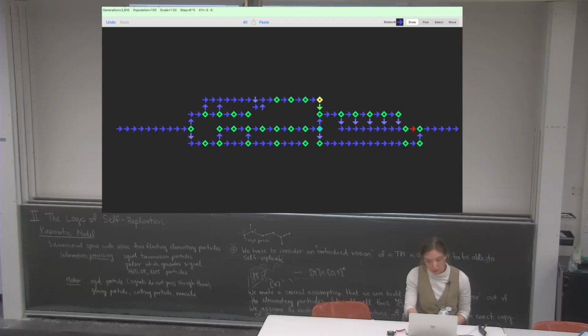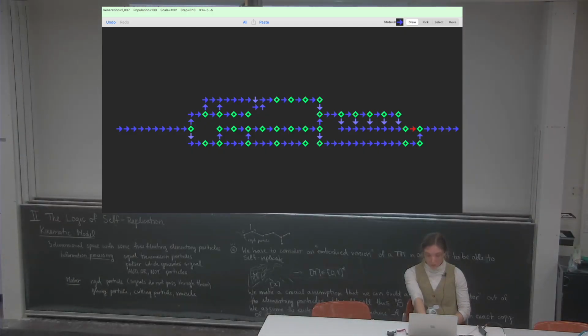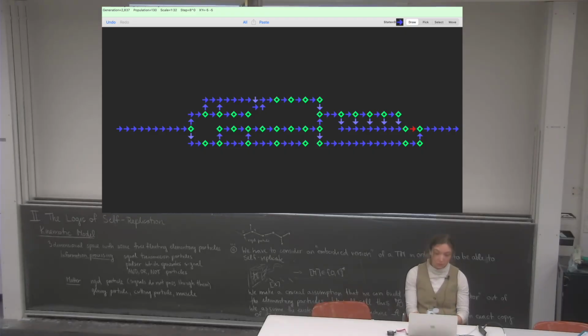So the destruction branch is activated, the signal is killed, and we are done. You can think about the details of this. This construction is also shown in the lecture notes. You can build your own recognizers in Golly, whatever you enjoy.